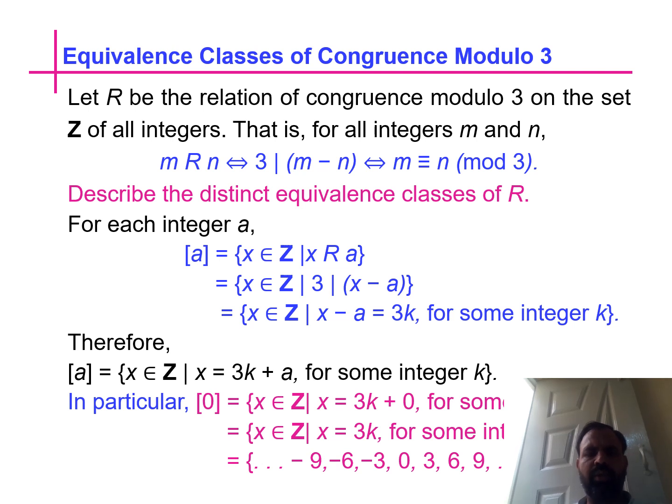In particular, the class of 0 is x belongs to Z such that x is equal to 3k for some integer k. So these are minus 9, minus 6, minus 3, 0, and so on, on the positive and negative sides.